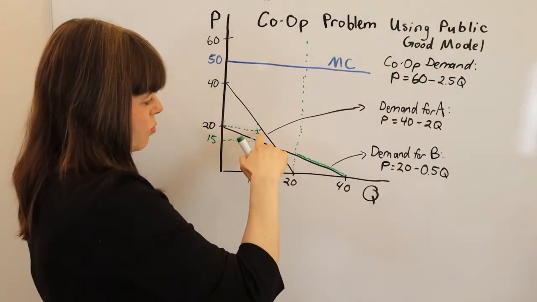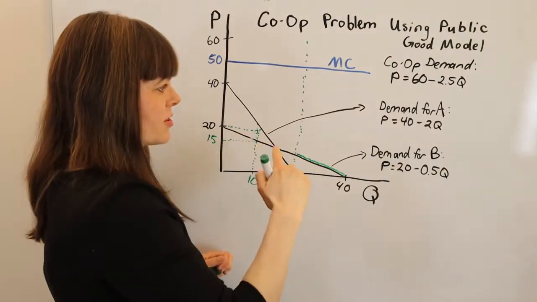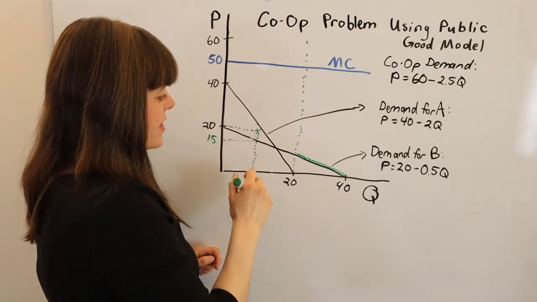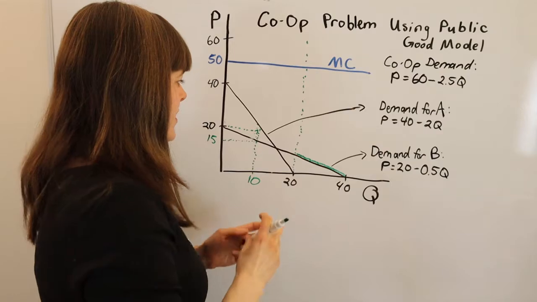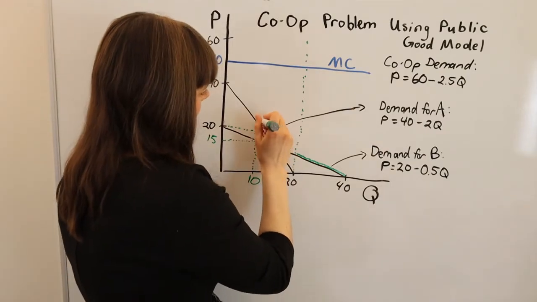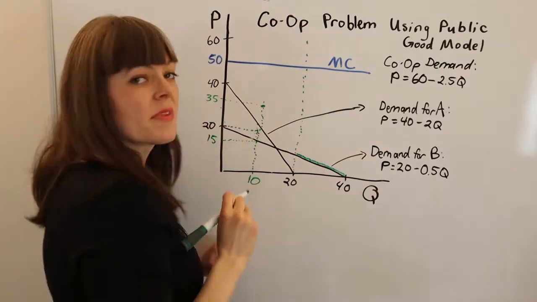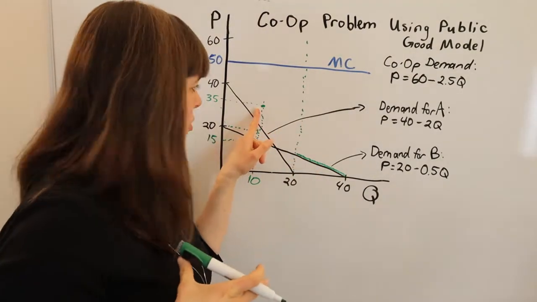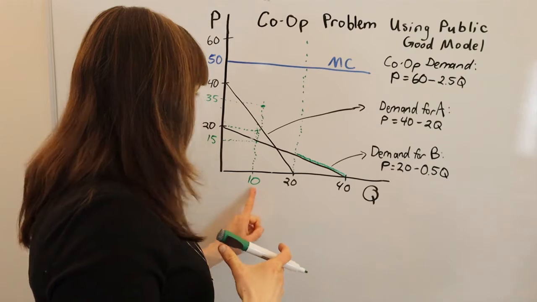So firm A says we're willing to pay $20 per module for the 10 modules. So 15 plus 20, in total, the firms are willing to pay a price of $35 per module for 10 modules.